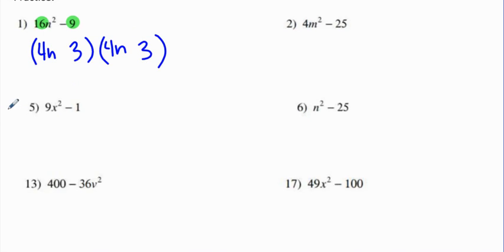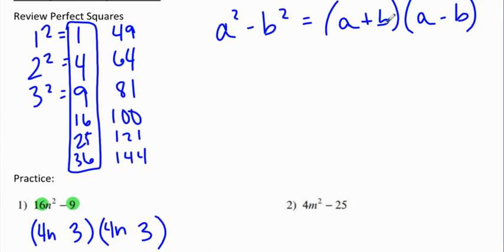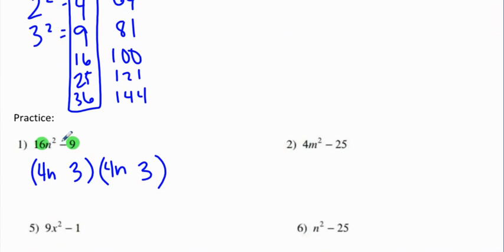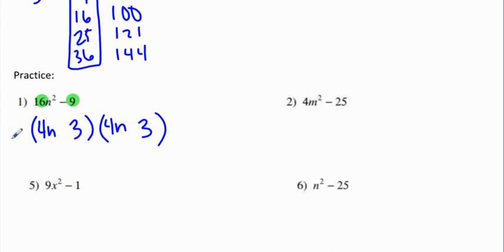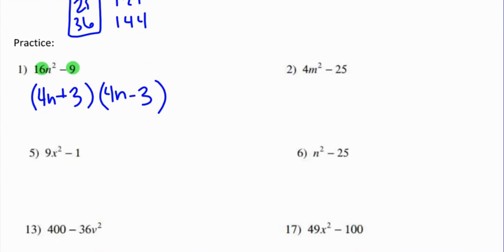And then really this rule that I shared up here, what's going on is if I put one plus and one minus, I have no n terms. That's why this isn't a trinomial anymore, right? So we'll look through this and make sense of it. If I put a plus here and a minus here, and check this now, I have 4n times 4n, 16n squared. Then I have 4n times negative 3 is negative 12n.